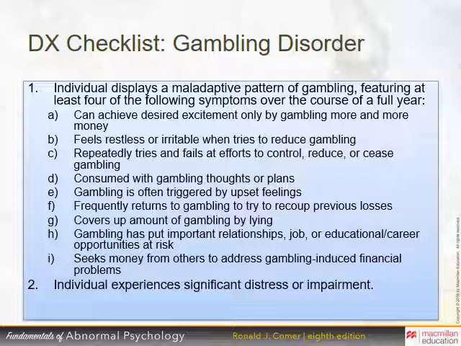Gambling is often triggered by upset feelings. They frequently return to gambling to try to recoup previous losses. They cover up amounts of gambling by lying. Gambling has put important relationships, job, or educational career opportunities at risk. They seek money from others to address gambling-induced financial problems, and the individual experiences significant distress or impairment from these symptoms.